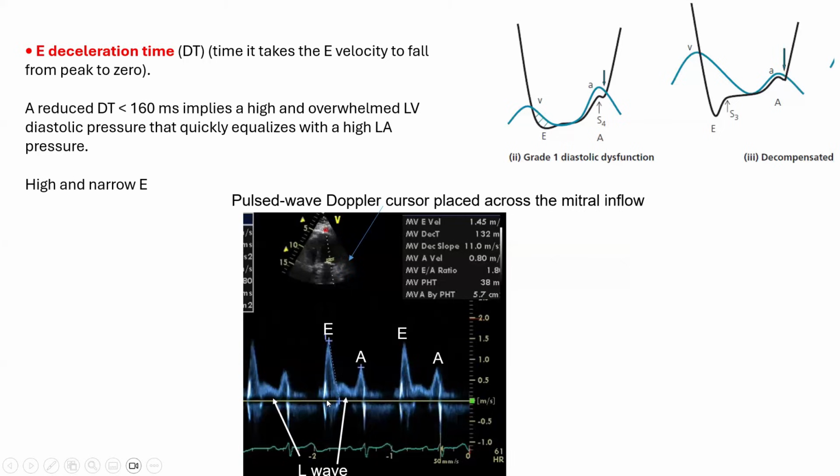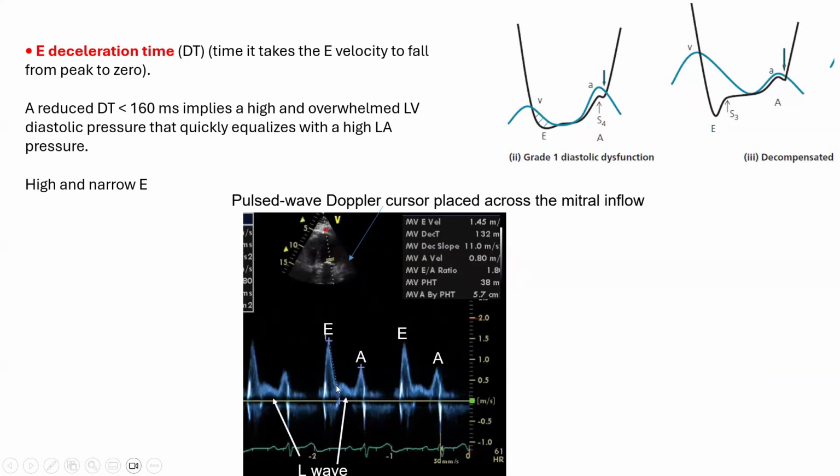But in fact, that E is not only high, it's usually brief, because in those cases, it's not only that LA pressure is high, LV diastolic pressure is also high, and LV compliance is overwhelmed, so that the moment that LA pressure empties into the LV, pressure will shoot up and flow will quickly cease in early diastole. So E wave is not only high, but it's also brief.